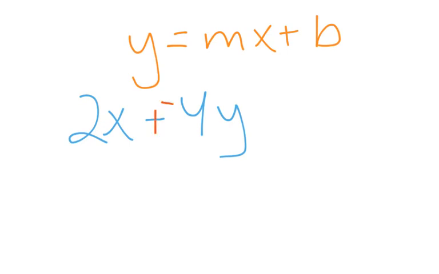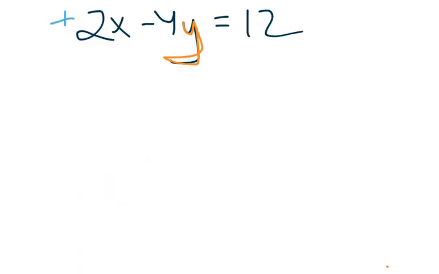And then commutativity allows you to switch the order. So what you really have there is -4y plus 2x. And the reason I'm doing that is so you can see what really is happening to the y there. The y is being multiplied by -4, and then you're adding a 2x to it. So coming over here, if I want to get the y by itself, I have to get rid of this 2x. This is a positive 2x.